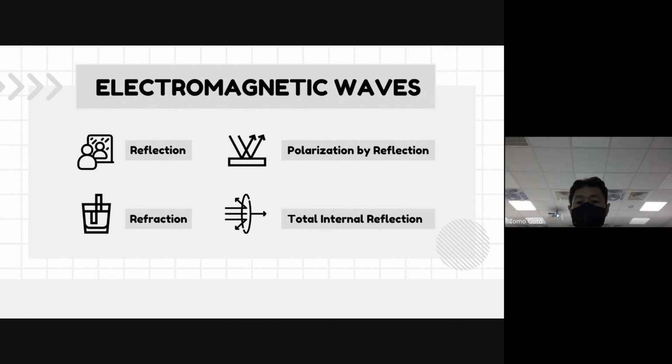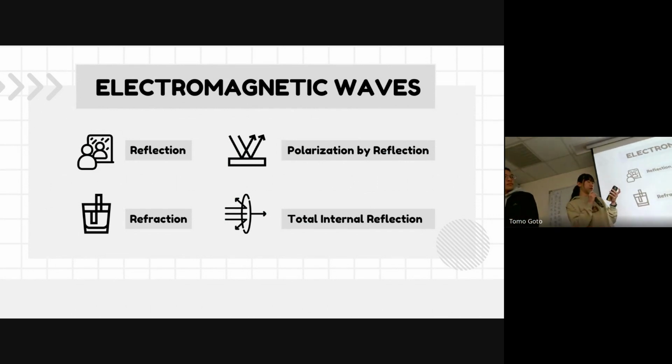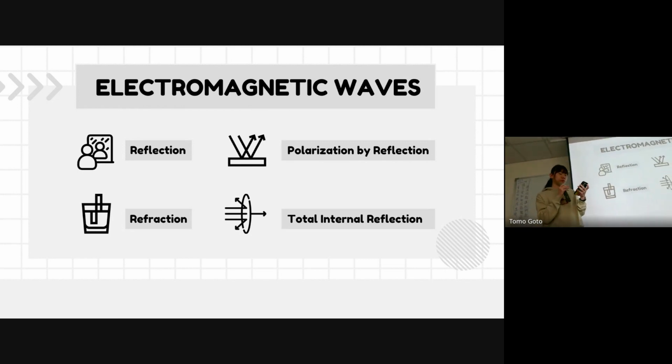And these optical phenomena like refraction, polarization by reflection, and total internal reflection are closely related to the behavior and characteristics of electromagnetic waves. For example, the geometric shape, the curvature, and the optical properties of lenses directly influence the behavior of electromagnetic waves.